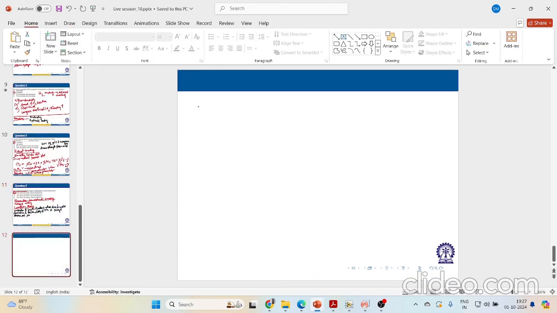Home, new slide. Stainless steel is corrosion resistant steel.